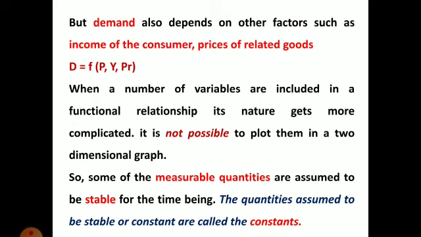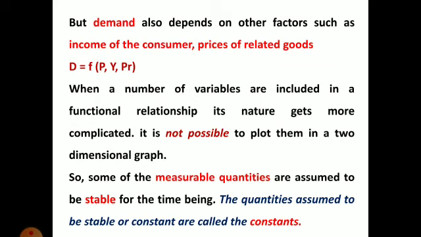So here you see a number of variables are included in a functional relationship. When a number of variables are included in a functional relationship, its nature gets more complicated. It gets more difficult to analyze. It's easy to analyze the relationship between two variables. Demand is a function of price.